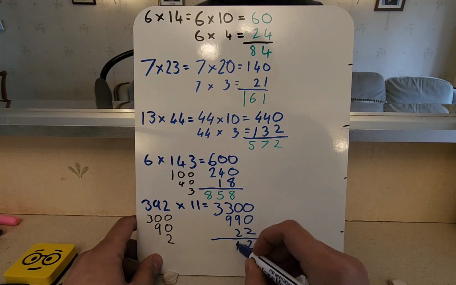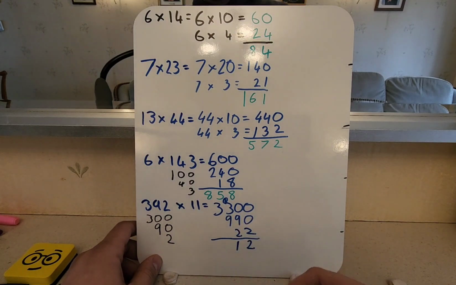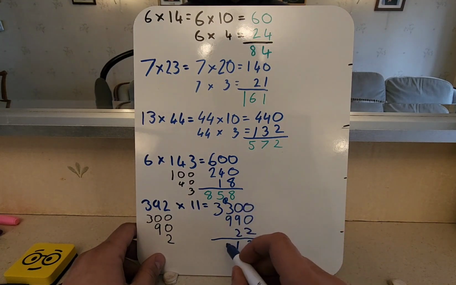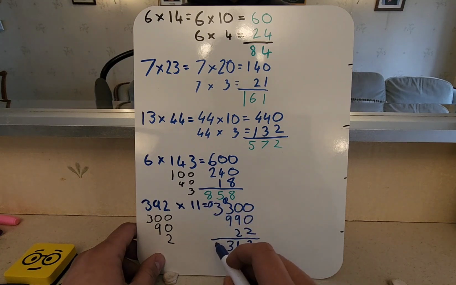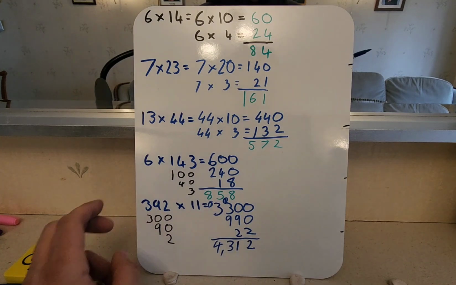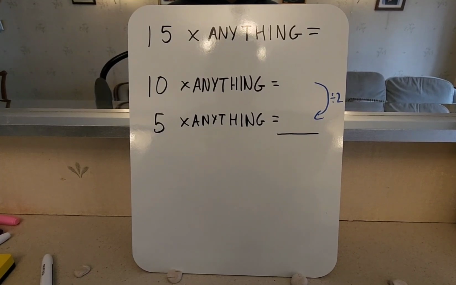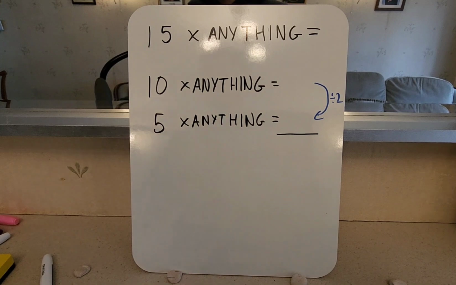This is 11, 1 here. Carry the 1. 1 and 9 will give me 10. So we've got a 3. Carry one more. 1 and 3, sorry, gives us 4. 4,312 is our answer.